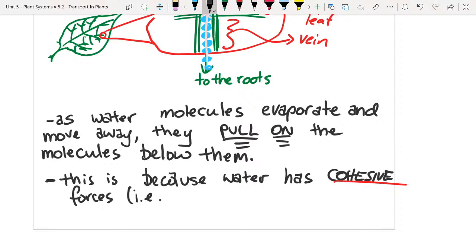Adhesive means sticking to something else. Cohesive means it sticks to itself. It's attracted to itself. One water molecule has a pull on all the water molecules around it. When we take chemistry, we'll learn that this is the result of something called hydrogen bonding.